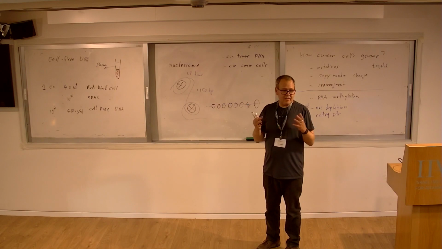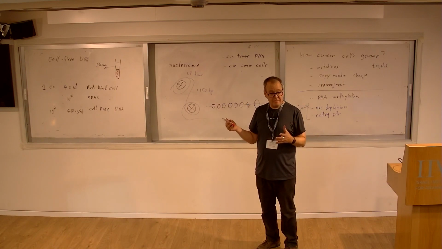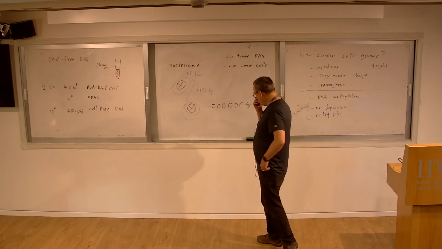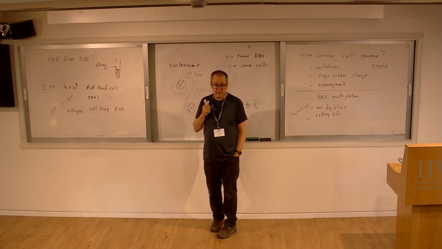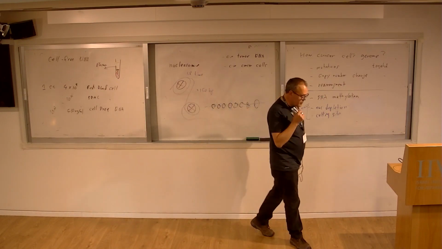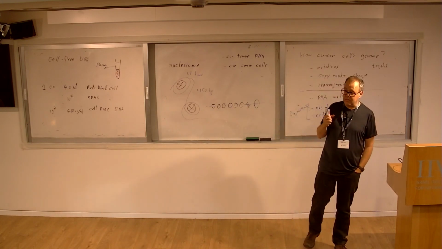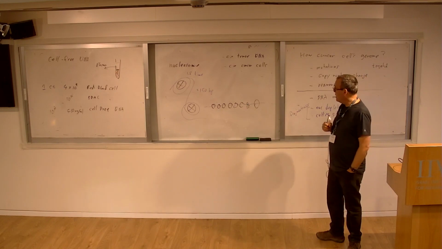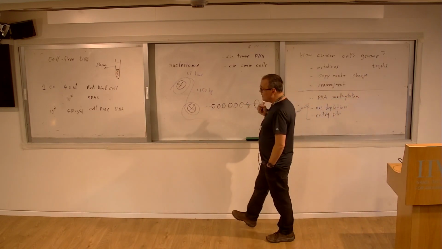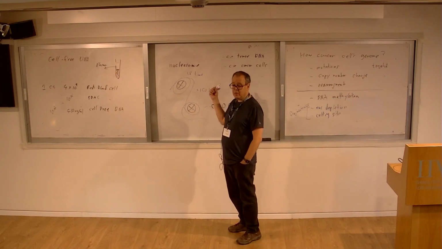Why is this useful for cell-free DNA? It turns out that more than 20 years ago, people have shown, actually some of the earliest cell-free DNA work in the field showed that cell-free DNA is not cell-free DNA, it's actually cell-free chromatin.